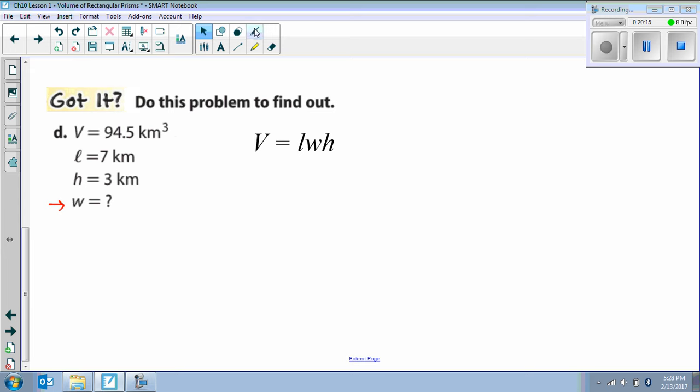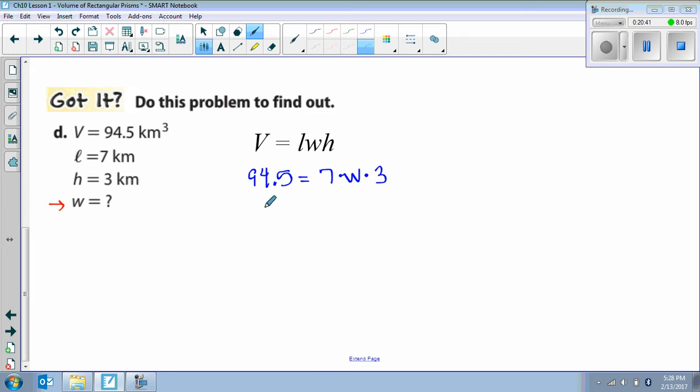Now you're going to substitute in what you know. So the volume is 94.5, and that's equal to the length, which is 7, times the width, which is what we're solving for, times the height, which is 3.